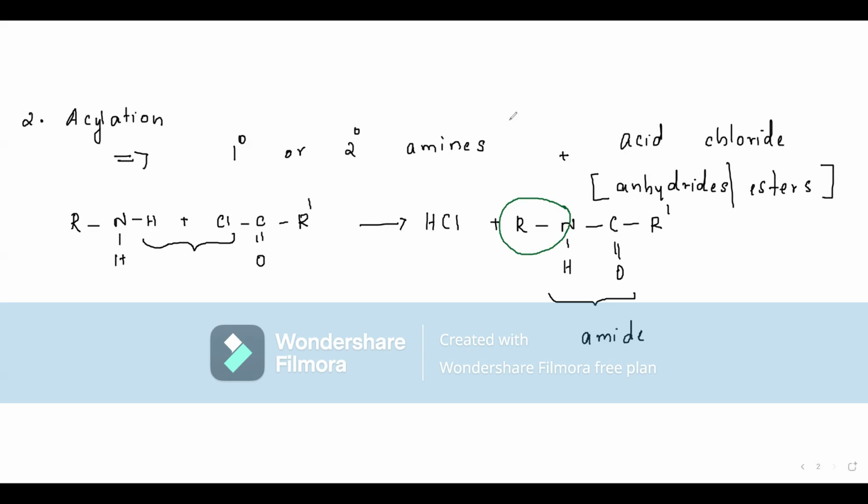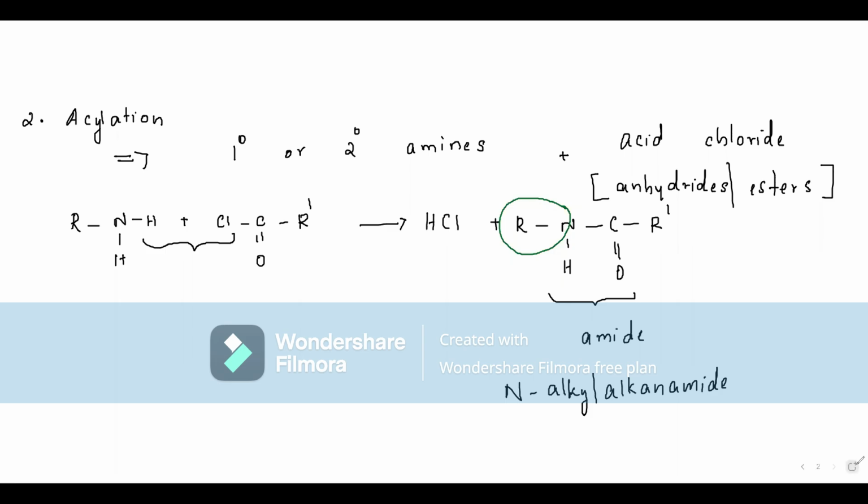So here it is N-alkyl, and the rest is the parent. The parent here is an amide. So since we don't know what is R dash, alkanamide. So this is N-alkyl alkanamide.